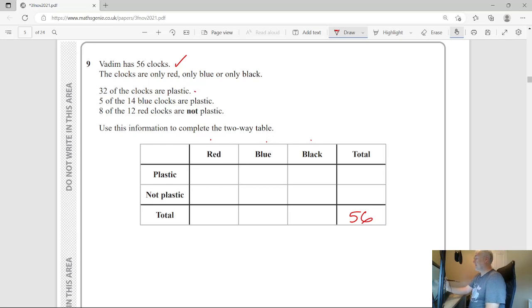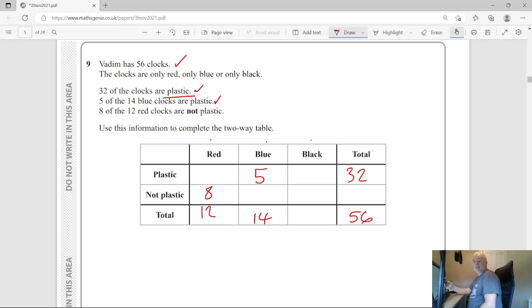It says 32 clocks are plastic, so we know that's going to be 32. Okay, 5 of the 14 blue clocks are plastic, and 8 of the 12 red clocks are not plastic.